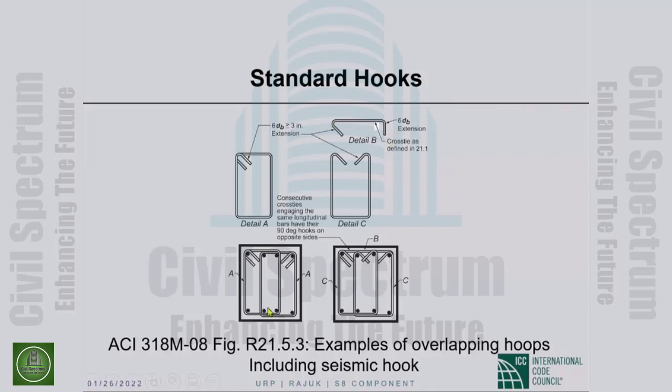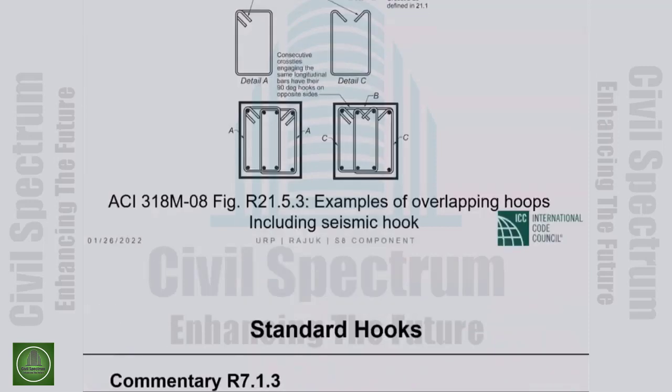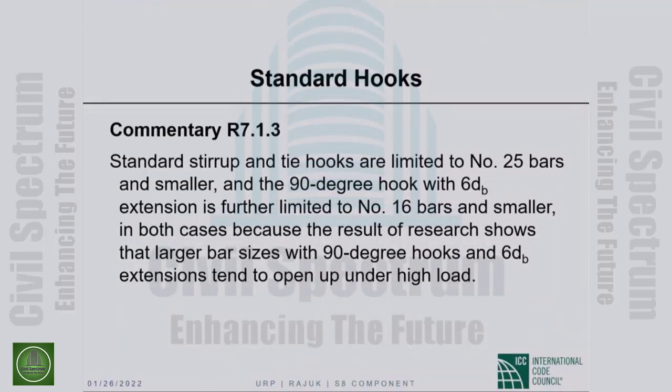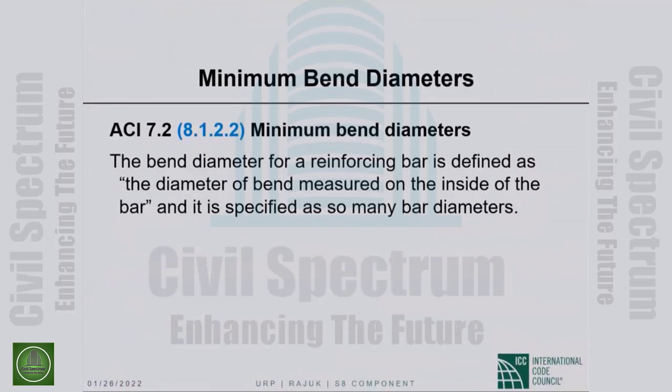And there are also overlapping hooks as shown in the lower picture. So standard stirrup and tie hooks are limited to, I will let you read the commentary. I think in this part, time is rather limited. Okay, then, standard hook definition now, minimum bend diameters.